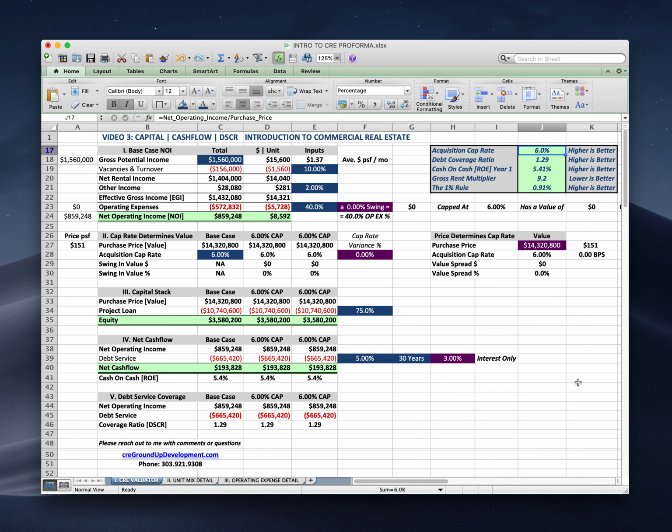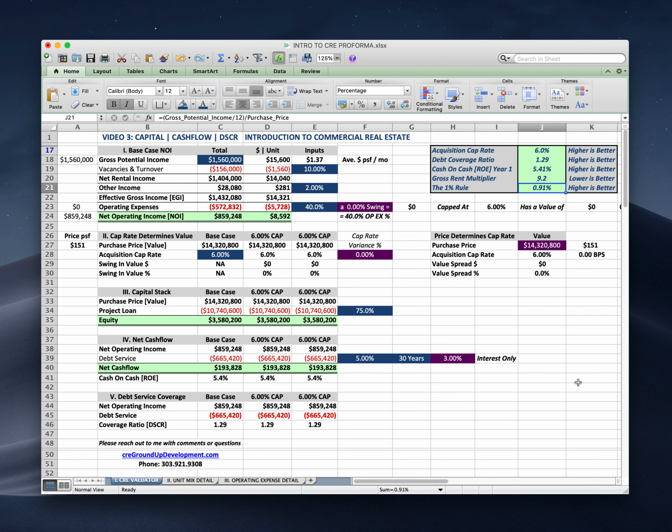Acquisition cap rate is net operating income divided by purchase price. Debt service coverage ratio is net operating income divided by debt service. Cash on cash return is the net cash flow divided by the equity, and so forth. Might as well finish it up. Gross rent multiplier is purchase price divided by gross potential income.